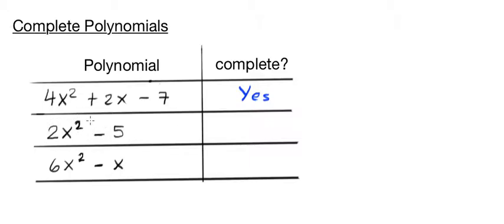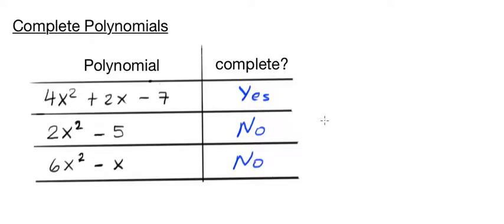It has the quadratic term, does not have the linear term, it has the constant, right? So this is not complete. Similarly, if you are given this polynomial 6x squared minus x, this polynomial is not complete because the constant term now is missing, right? It has the quadratic term, linear term, but constant term is not there, so complete, no.